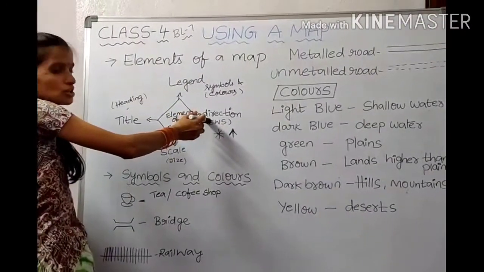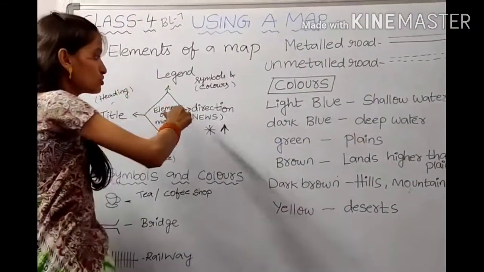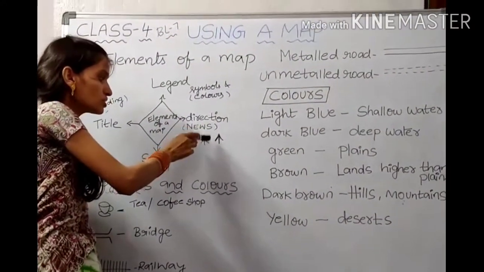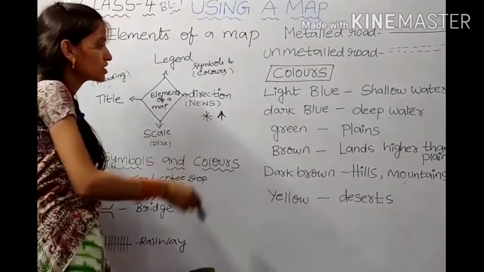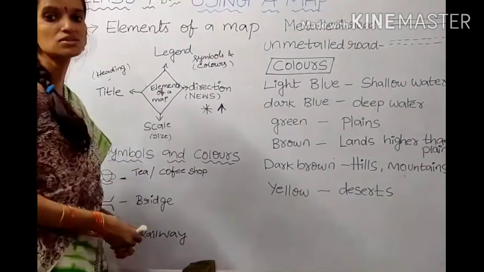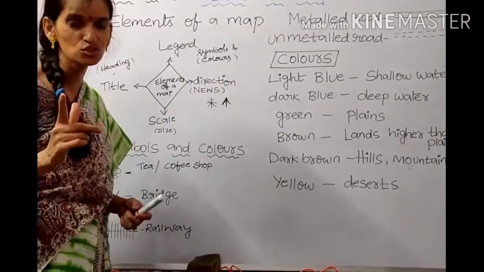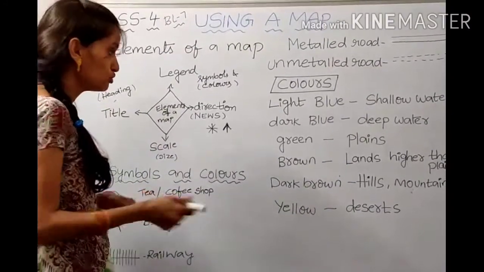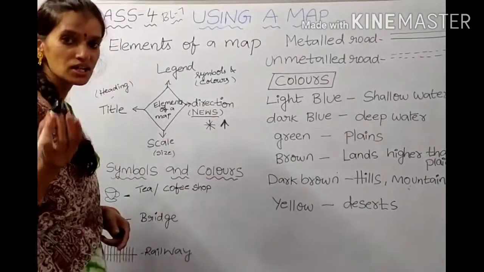And direction. I have drawn the compass, and using that, the directions are north, south, east and west. See here, I have written NEWS. What does it mean? Instead of remembering the directions east, west, north, south, if you remember NEWS, you can get the direction easily.